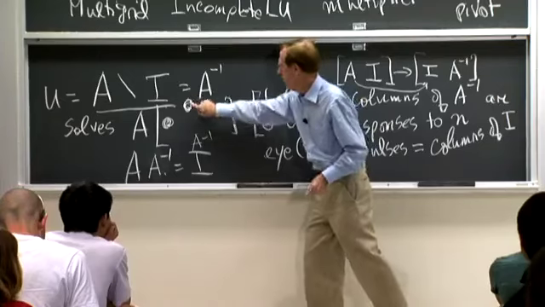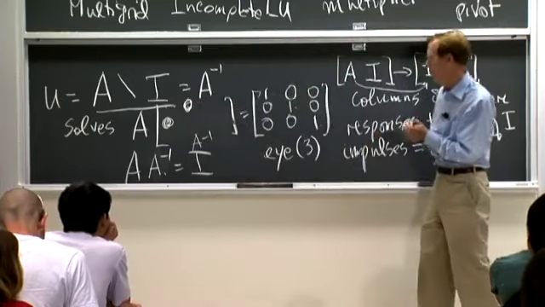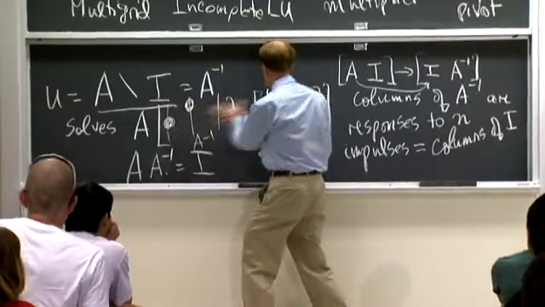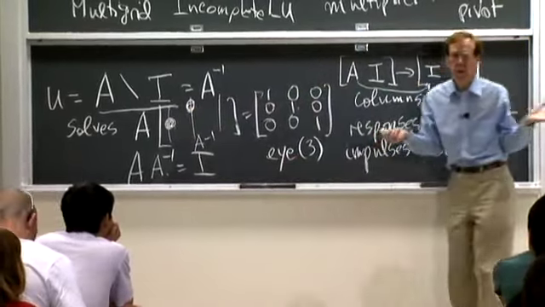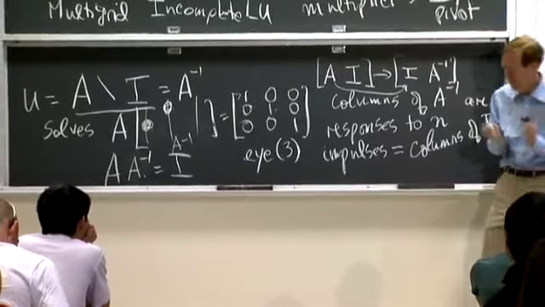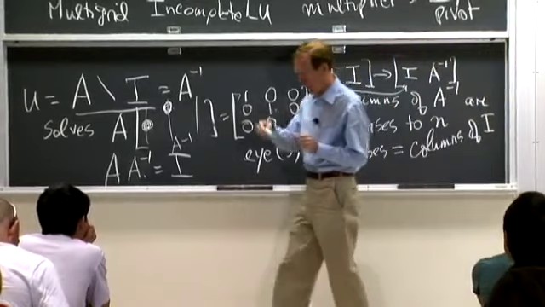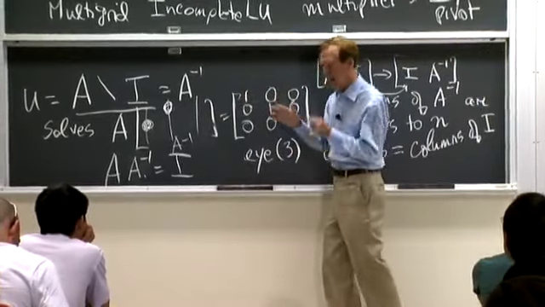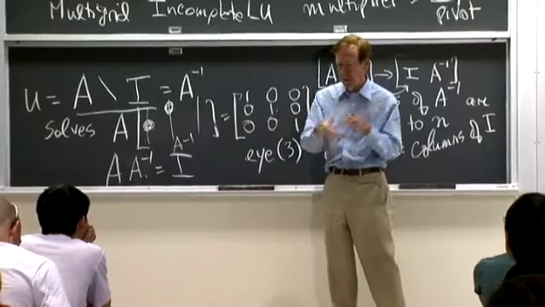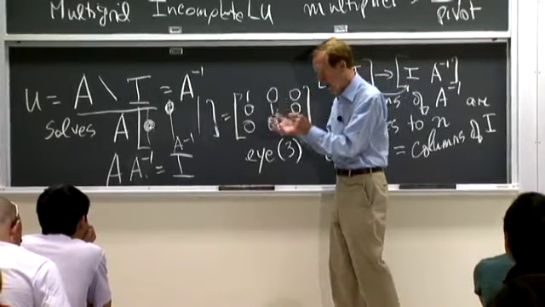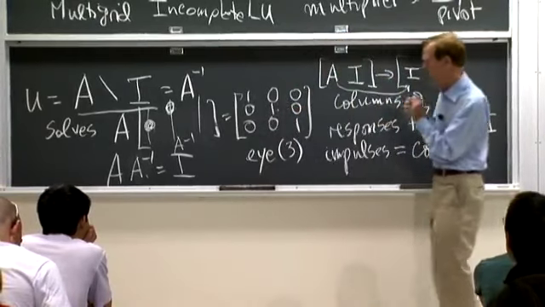This is the response at 1 to an impulse at 2. You see that I'm multiplying those columns and getting these columns. And what's the point about symmetry? Those are the same. Symmetry is expressing this physical meaning that the response at I to an impulse at J is the same as the response at J to an impulse at I.